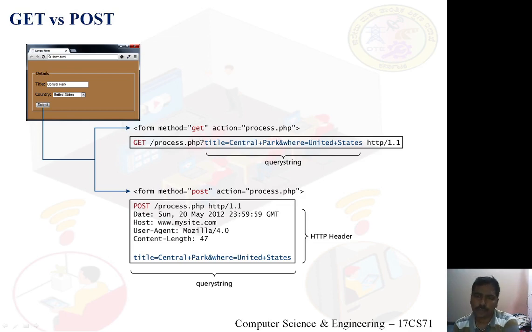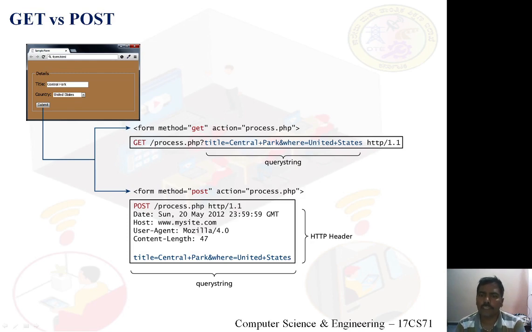Now let me assume that on submission, the query string, that is title equal Central Park and where equal United States, will be sent to the server, say here in this case process.php, using the get method. Let me assume it's a get method. So what happens, this query string now will be appended to the URL and will be sent.